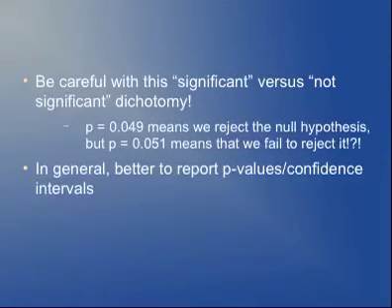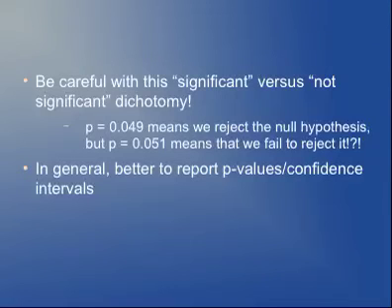So something we have to be careful about is deciding when something is significant or not significant. If you have a p of 0.049, it would mean that we would reject the null hypothesis, but if we had a p of 0.051, it means that we would fail to reject it.